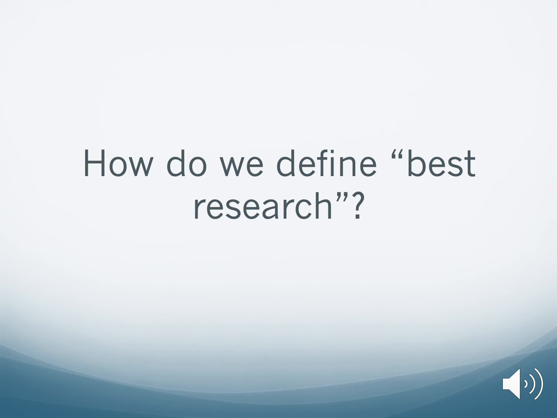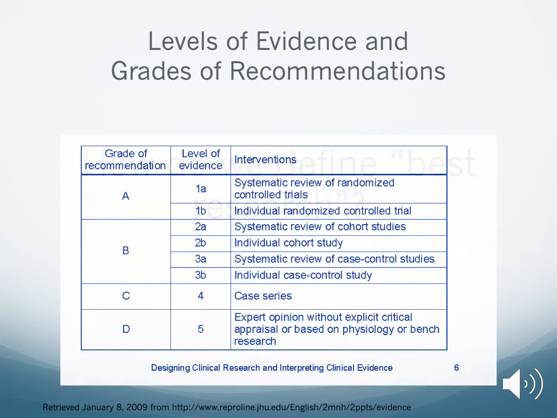So let me come to the third part of that evidence-based practice triangle and think about how we define best research evidence. You may be familiar with levels of evidence or recommendations of research evidence. And when we look at this, we see at D or level 5, expert opinion without explicit critical appraisal or based on bench research but not on clinical research.